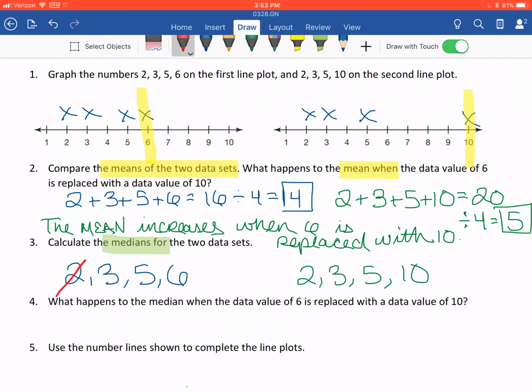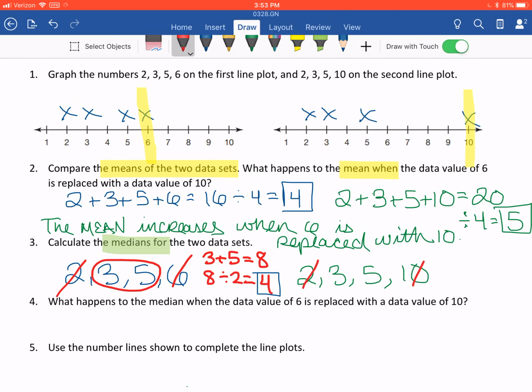So I need to cross off, cross, cross. I have a 3 and a 5 here. I need to find the mean of these two numbers because I have 2 left in the middle. 3 plus 5 gives me 8. 8 divided by 2 gives me 4. So my median of set 1 is 4.